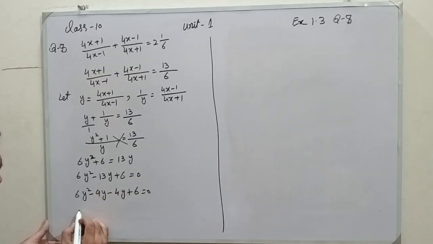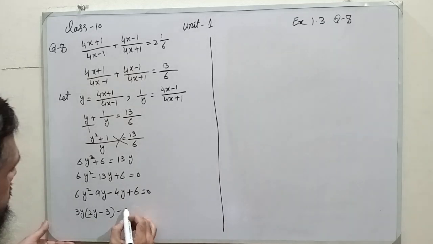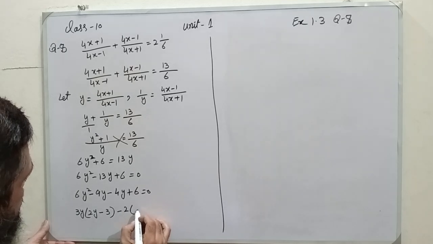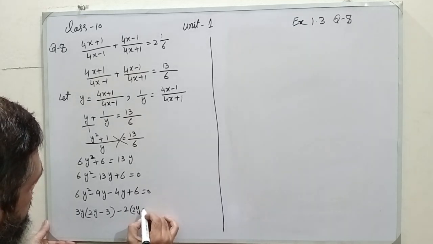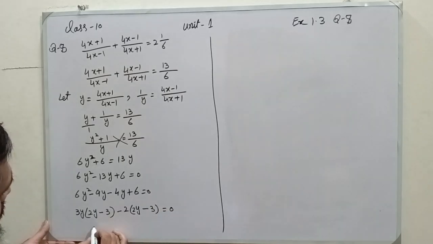So here 3y times (2y minus 3) minus 2 times (2y minus 3) is equal to 0.